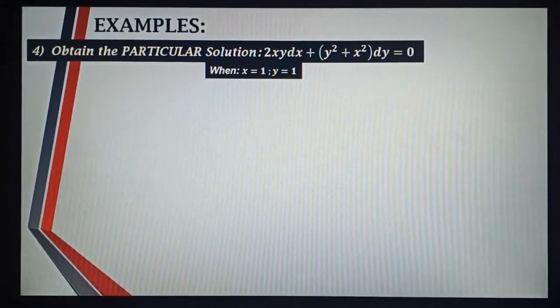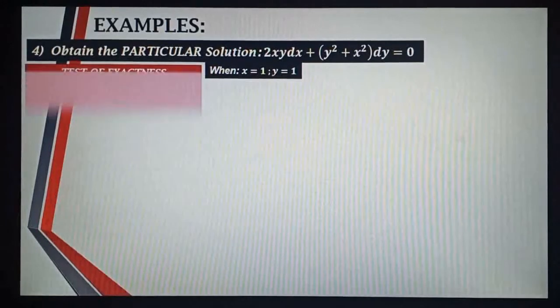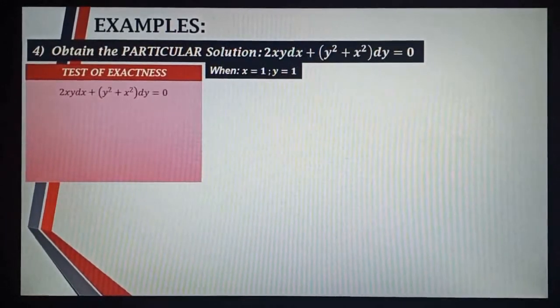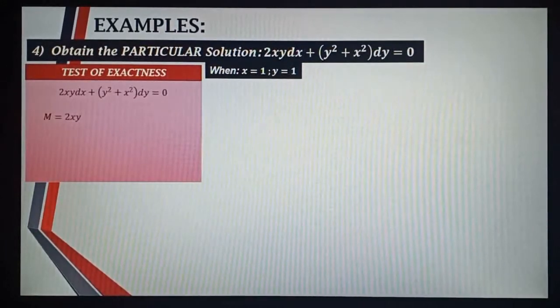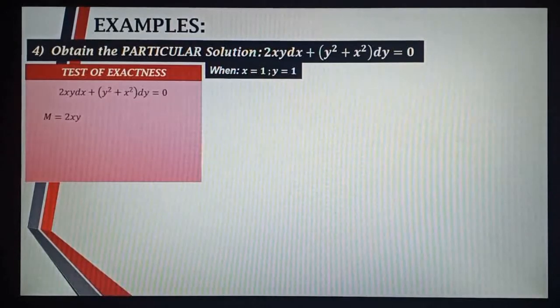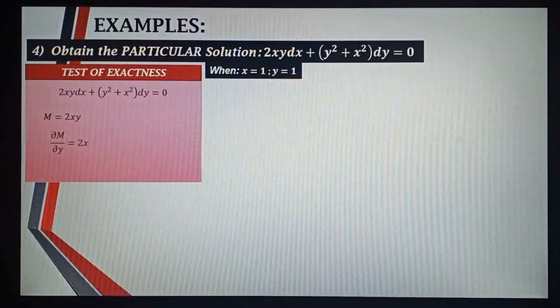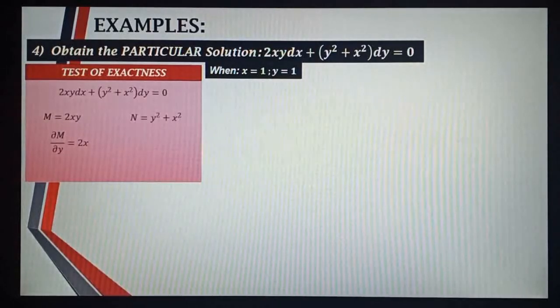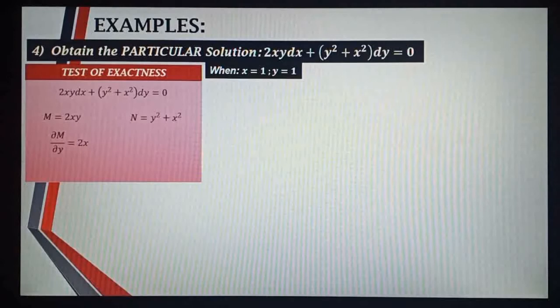Performing first your test of exactness, we have the given equation. Our m value is 2xy. So, differentiating the 2xy with respect to y, you will have 2x. Then, your n here is y squared plus x squared.